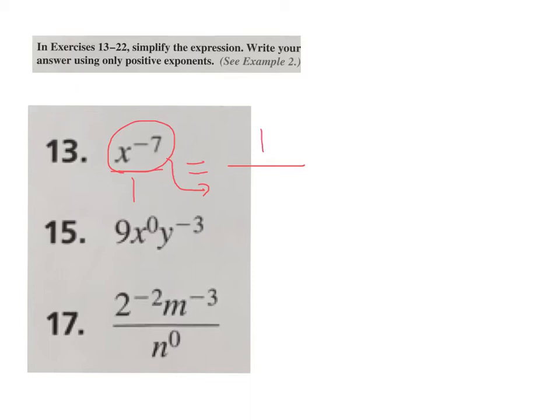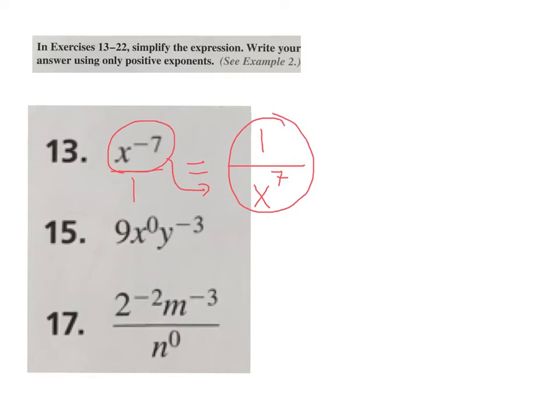So on top, there's left a 1. And then this x to the negative 7, I put it in the bottom, so now it'd be x to the positive 7. And so now I've reduced this term that they gave us here so that now it only has positive exponents.